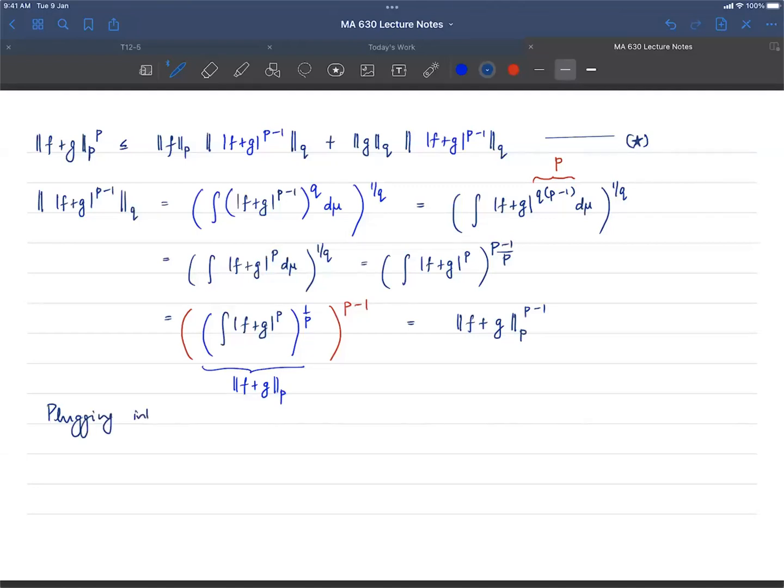So plugging into star, we get, but what is the left side? The left side is the norm of F plus G in LP to the pth power, less than or equal to the P norm of F. And now there is this quantity, the Q norm of F plus G to the P minus 1. We just found out what it is. It is this quantity right here.